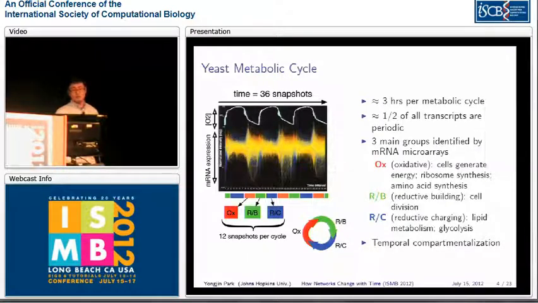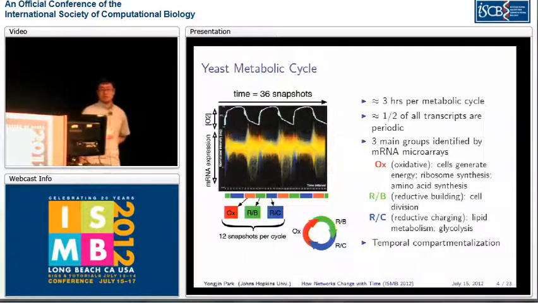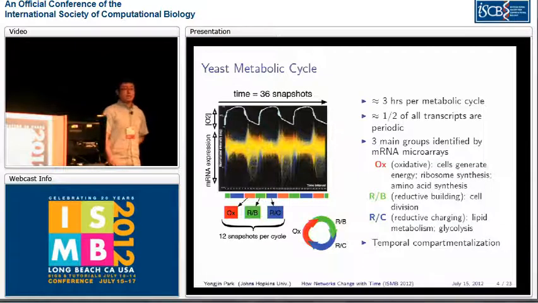During the OX phase, cells generate energy and do ribosome synthesis and amino acid synthesis. In the reductive building phase, cells divide, and in the reductive charging phase, there is lipid metabolism and glycolysis. They proposed an interesting hypothesis, temporal compartmentalization, which separates three groups of genes by time trace.